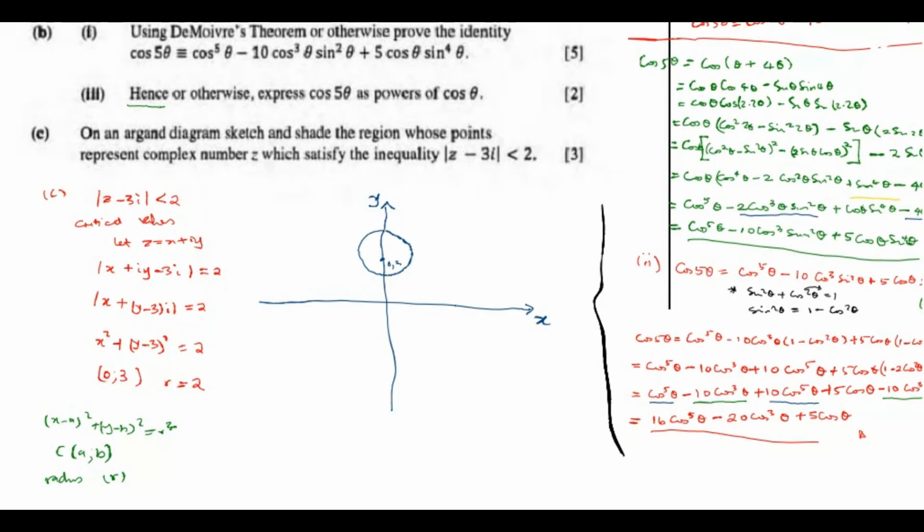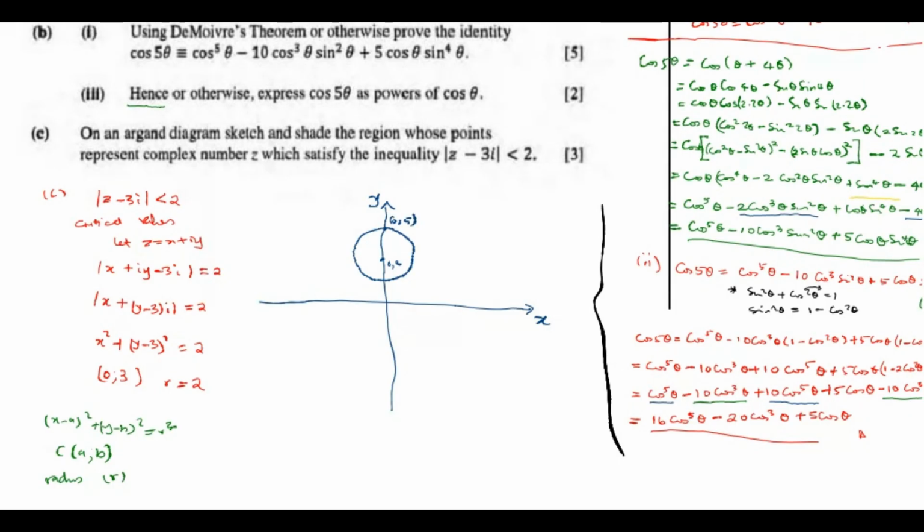Because our radius is 2, here it's going to be (0, 5), since we were at 3 and the radius is 2, and here it's (0, 1).